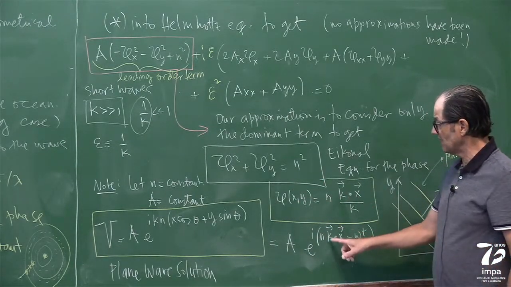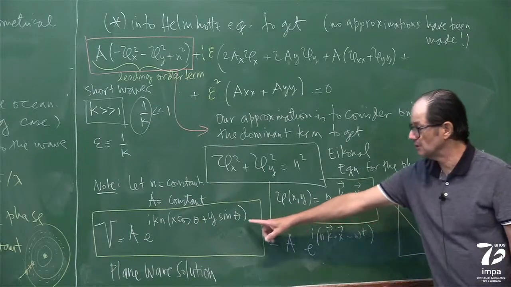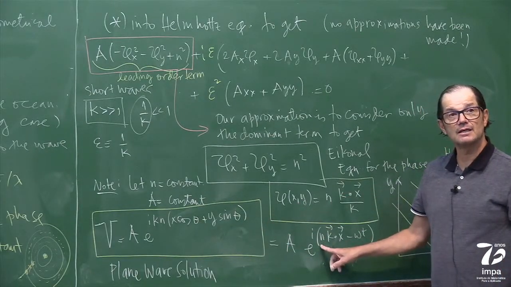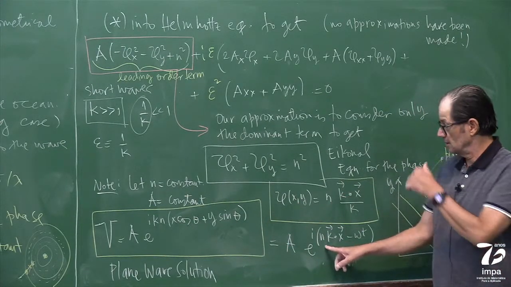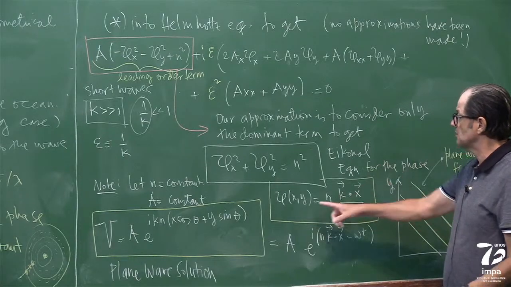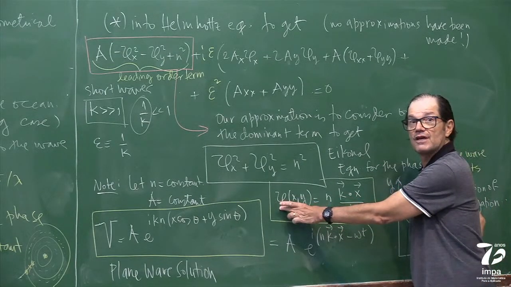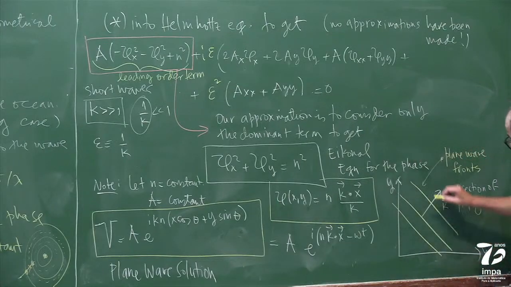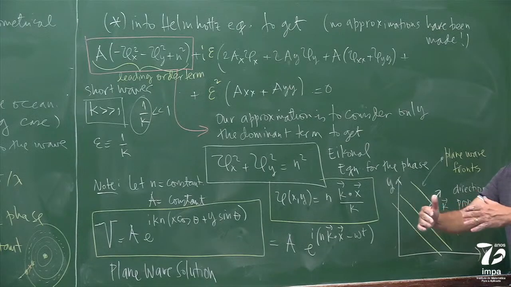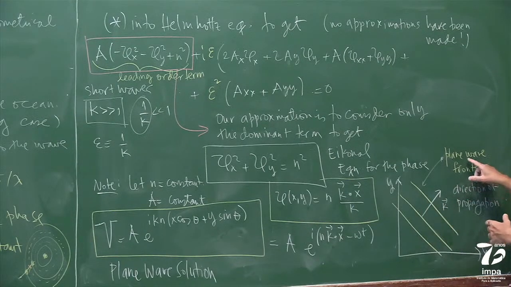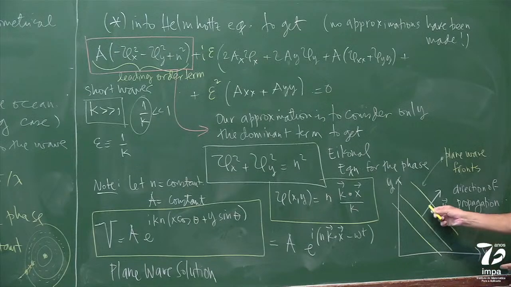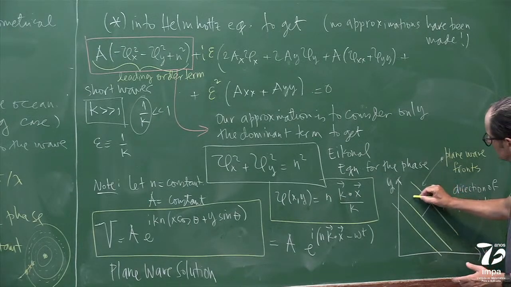The other thing is that the vector k, if you look here and here, indicates, if you put this equal to a constant to see the level curve of the phase, it's this. So that's why it's called plane waves, or wave fronts, the moving front. And actually, if I did this in 3D, it's basically like this.